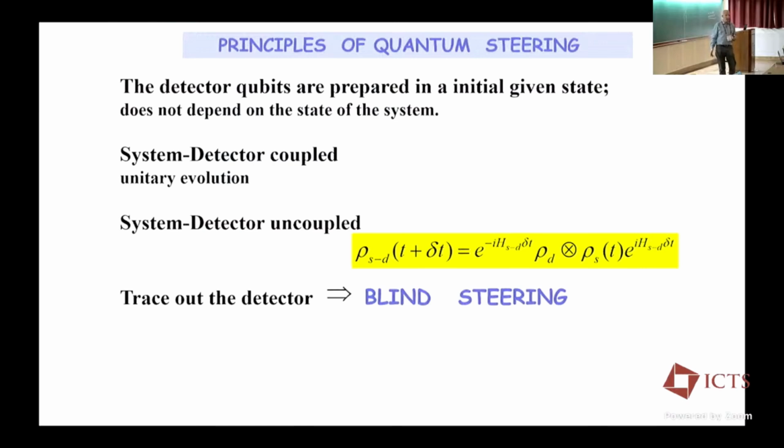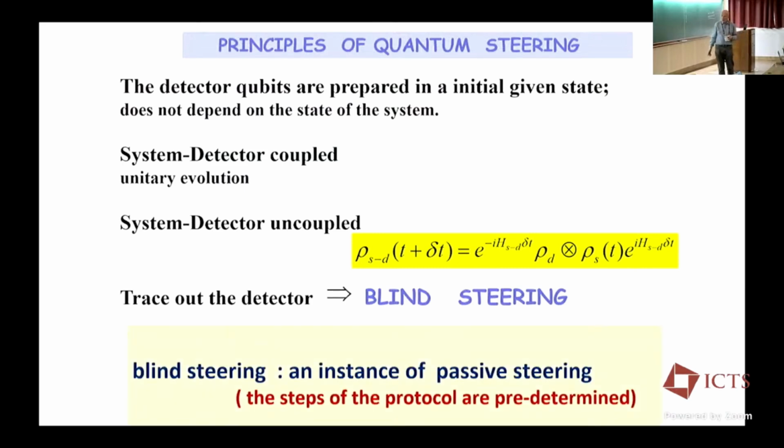So blind steering is an instance of a more general class of steering protocols, which I will call passive steering. In passive steering, the steps of the steering protocols are predetermined and do not depend on the readout of the detector or on the running state of the system.